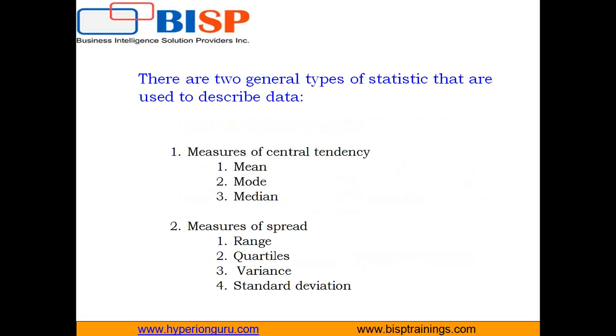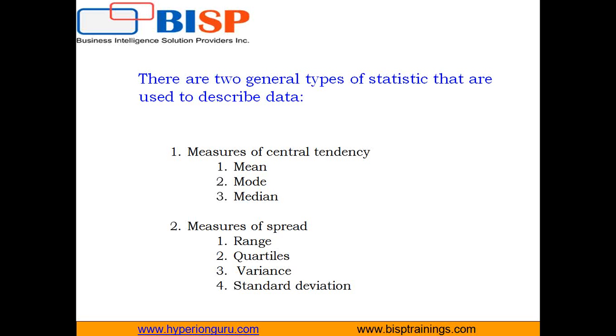So descriptive statistics can be categorized into two categories. The first one is the measures of central tendency and the second is the measures of spread. Measures of central tendency are the ways of describing the central position of a frequency distribution for a group of data.